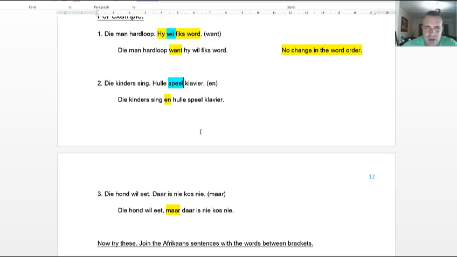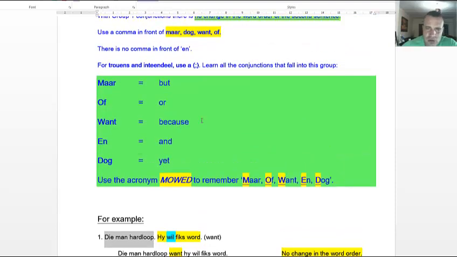If something were to move, it would always be the first verb. And that's very important for conjunctions. It will always just be in the second sentence. Nothing will ever change in the first sentence. Just the first verb could move, but for group 1, they do not move.